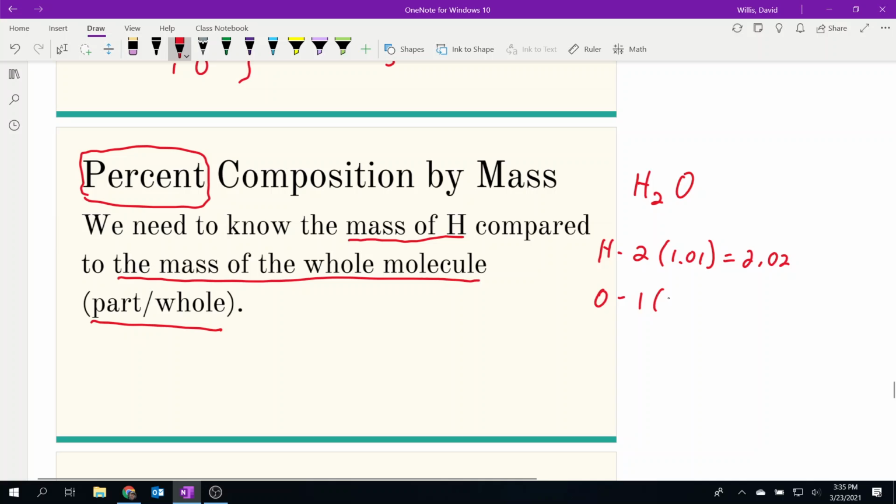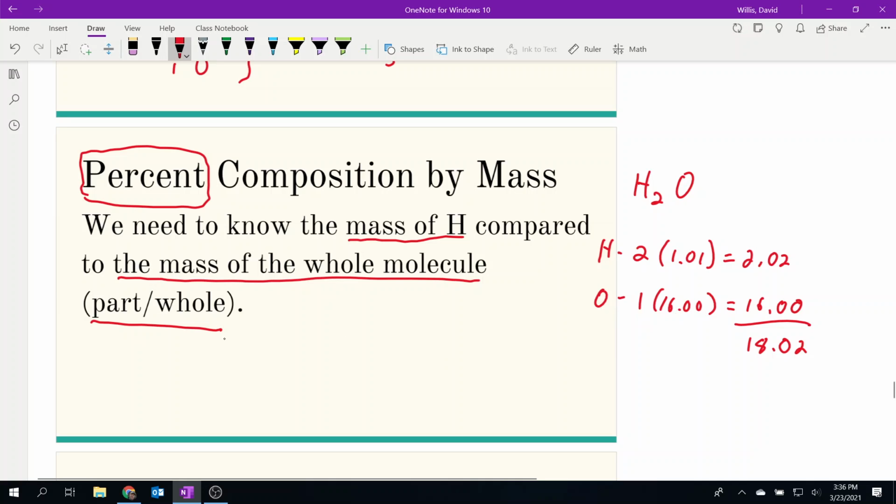So we've got 16.00, and 1 times that, of course, is 16.00. Grand total then of 18.02 for the whole molecule.